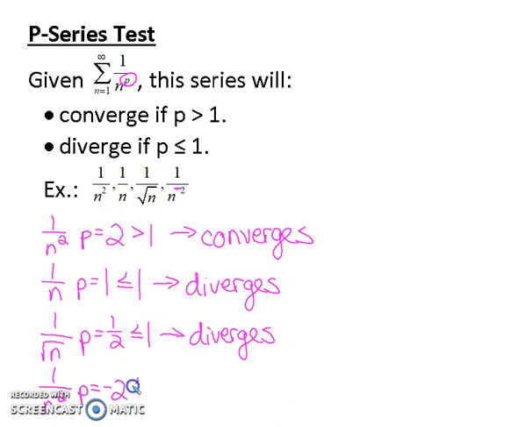We don't look at the absolute value of it like we do with the ratio test. We look straight at it. So negative 2 is less than 1. So this guy also diverges. Okay, and again, all of those could be proven with the integral test additionally. All right, so that wraps up all our tests for convergence and divergence.